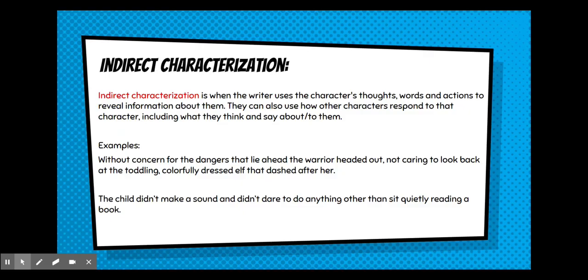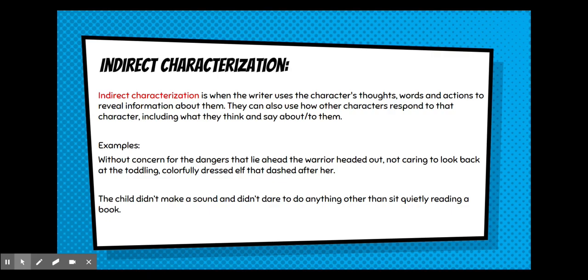Let's delve a little bit deeper into indirect characterization. So we already talked about the definition. Here are a couple examples. First, without concern for the dangers that lie ahead, the warrior headed out, not caring to look back at the toddling, colorfully dressed elf that dashed after her. Just like the previous sentence, we could probably infer that this warrior is brave and this elf is quirky or odd.